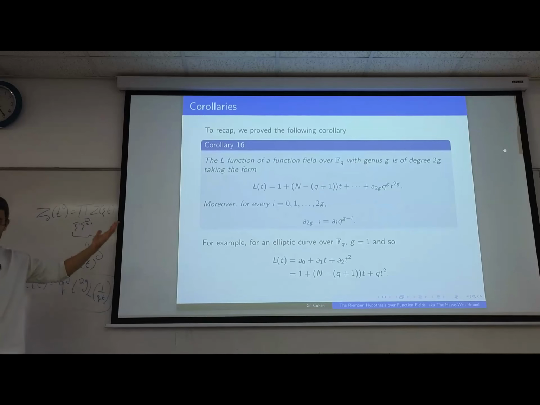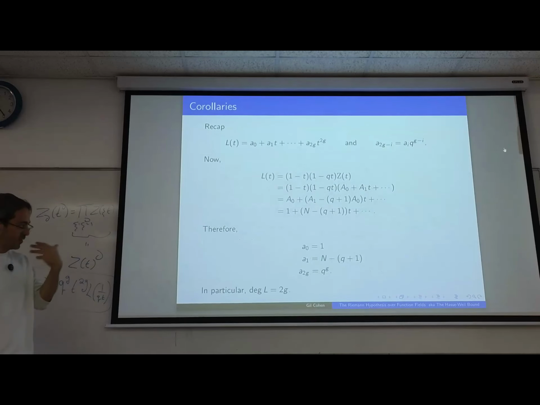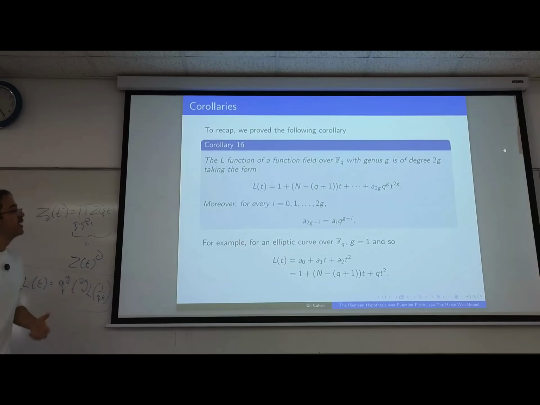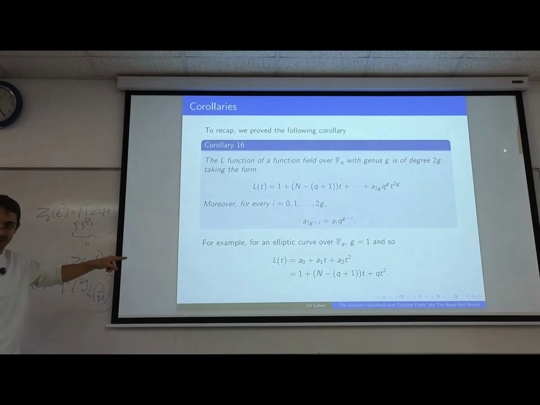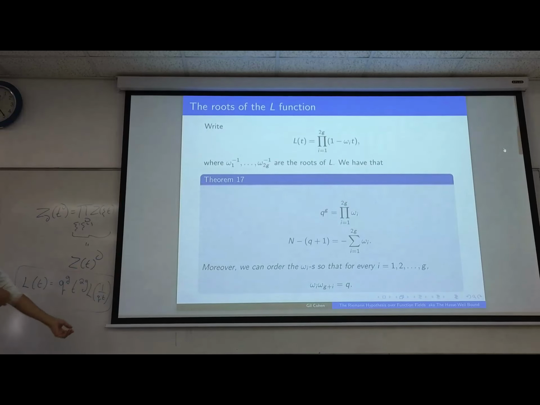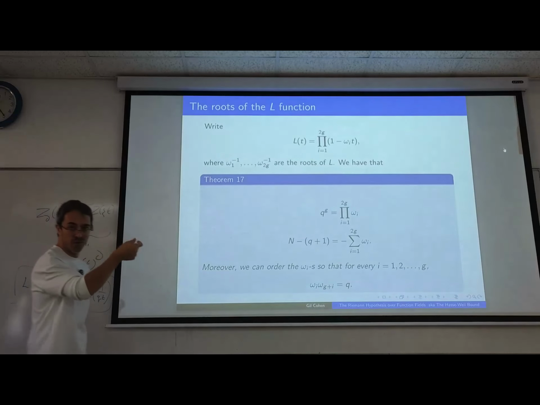Good. I think that's cool, but I'm trying to get to the statement of Riemann's theorem. Riemann's hypothesis talks about the roots of, I mean, it turns out to be related to the roots of this polynomial. So let's look at the roots of the L polynomial. Actually, it's nicer to look at the reciprocal of the roots.